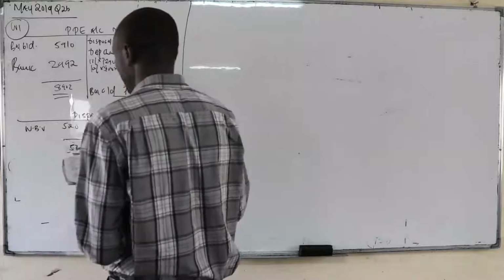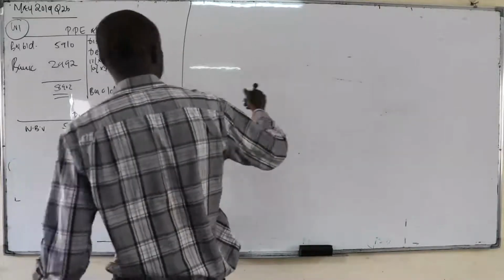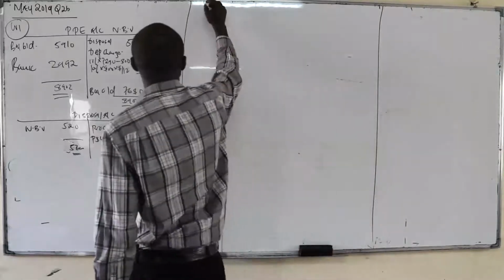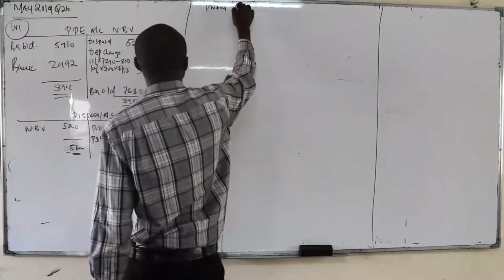We can make our cash flow statement. So we write here Pwani Limited.